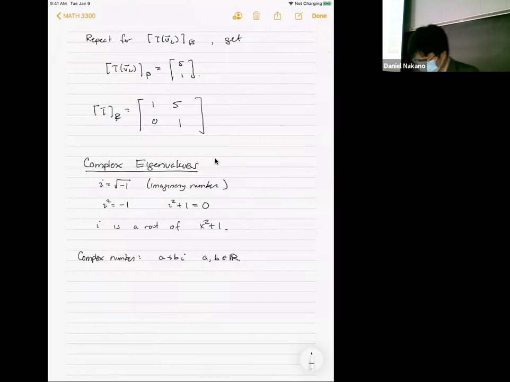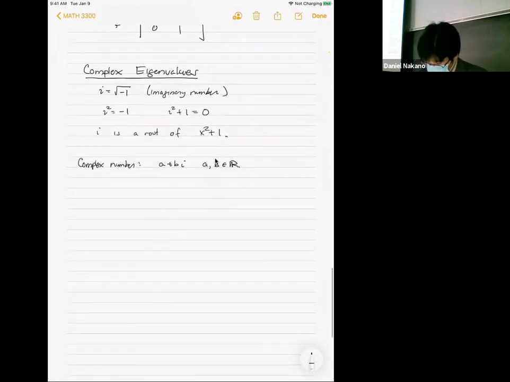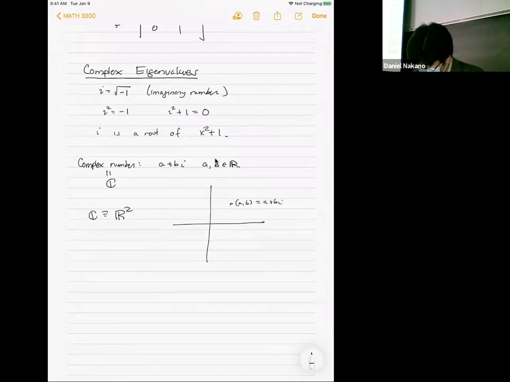The complex numbers, which we sometimes refer to as C, can be identified with R2. The point (a, b) identifies with the complex number a plus bi, so you can put the complex numbers on the real plane. Oftentimes we do that.